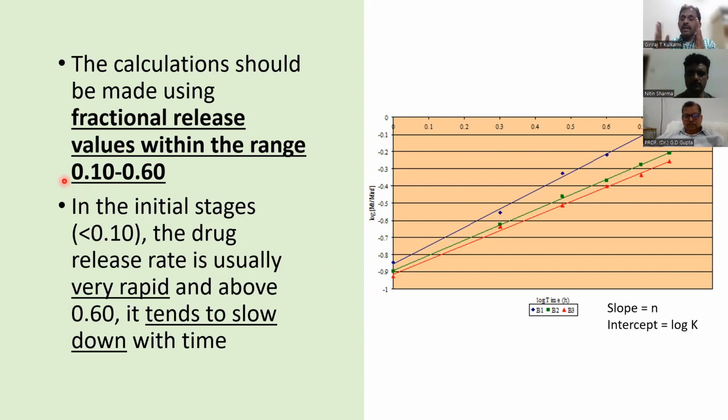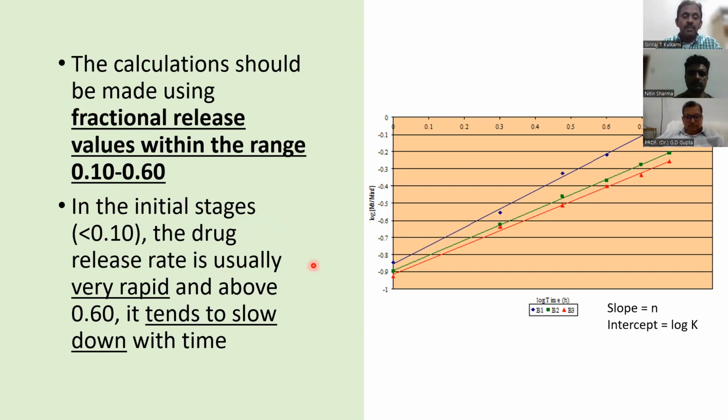Below 10%, don't use those values. Above 60% also, those values should not be used to plot this graph. Because in the initial stage, when the release is less than 10% or fraction 0.1, drug release is usually very rapid because surface drug is getting released at a faster rate.